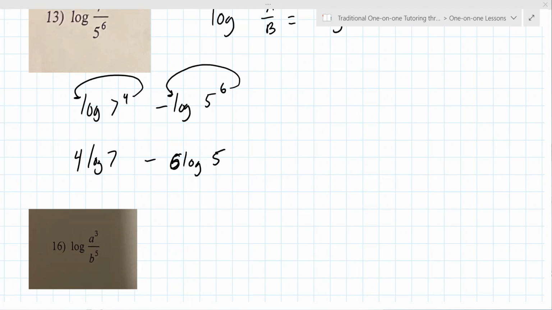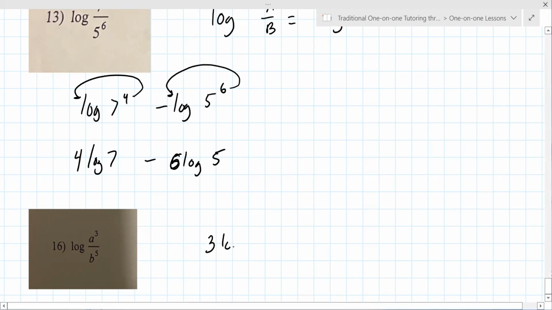So it would be 3 log A minus 5 log B. Yes.